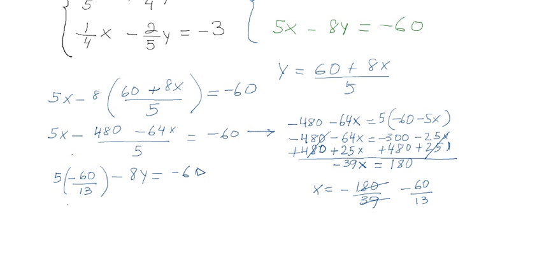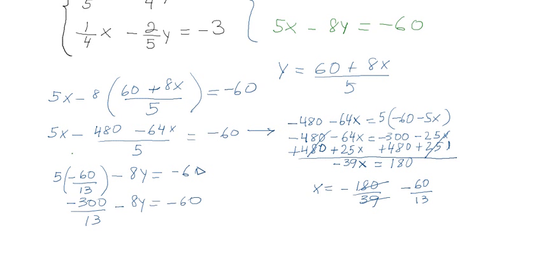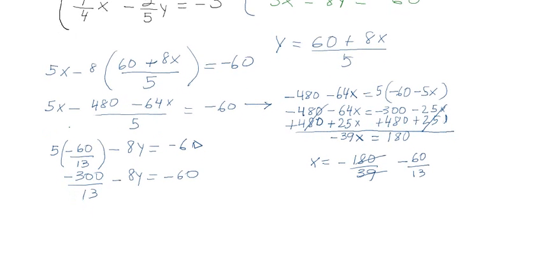So now I have negative 300 over 13 minus 8y equals negative 60. And so I move the 300 over 13 to the other side, so now I have negative 8y equals 300 over 13 minus 60.